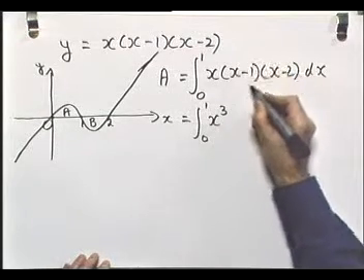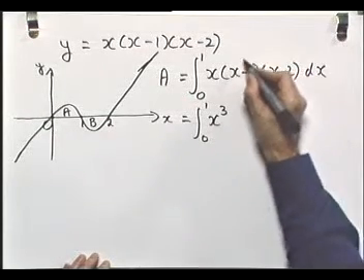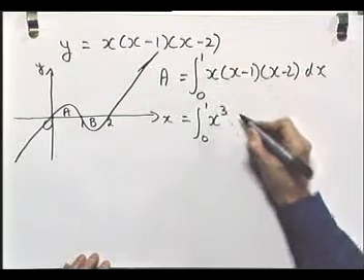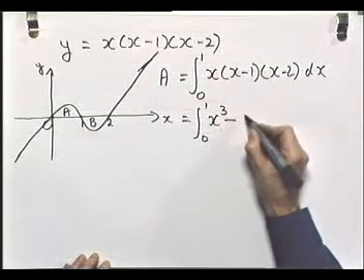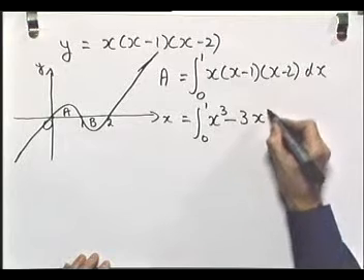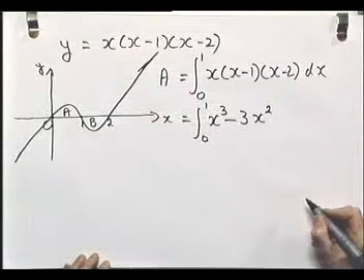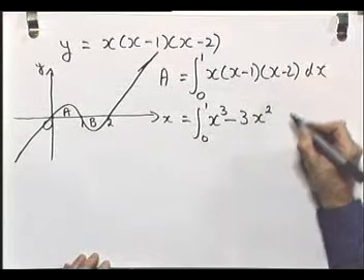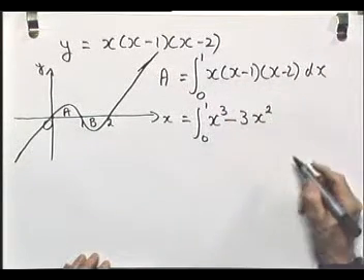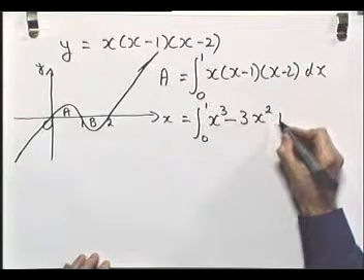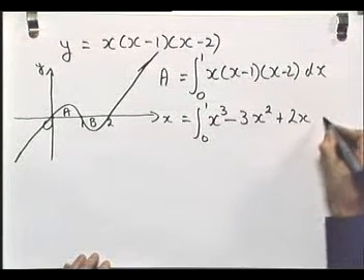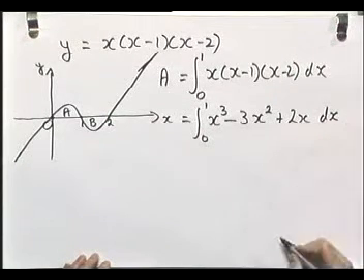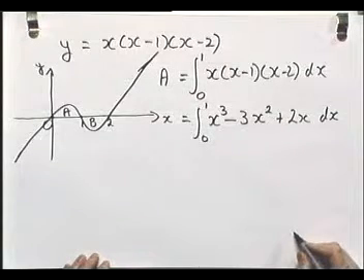So altogether I've got minus 3x coming out of these brackets, and I need to times it by x, so that's minus 3x squared. Then I've got minus 1 times by minus 2, that's plus 2, and I need to times that by x. So that's plus 2x to be integrated with respect to x.